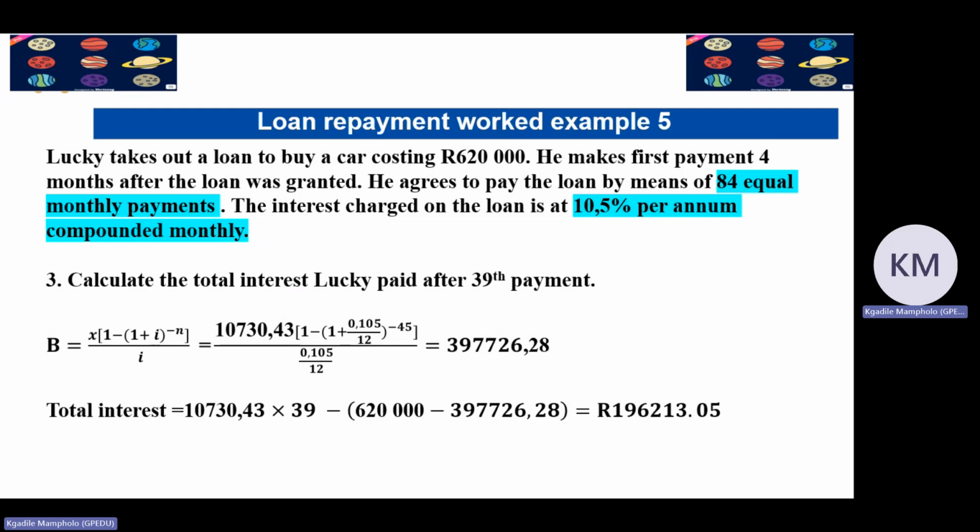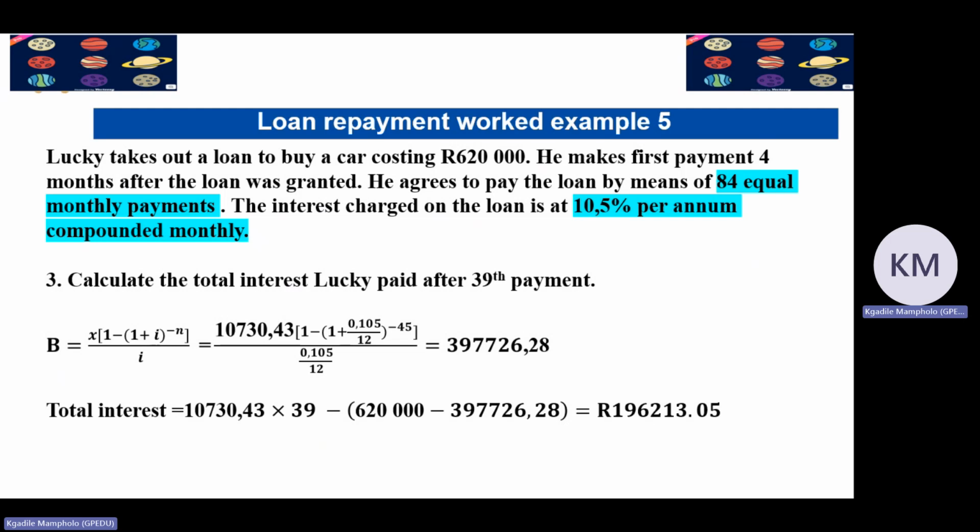Otherwise, if we were just calculating the total interest at the end of the period, it would just be 10,730.43 times 84, because we'd make 84 payments, minus 620,000. But in this case, it's not at the end, it's in the middle.